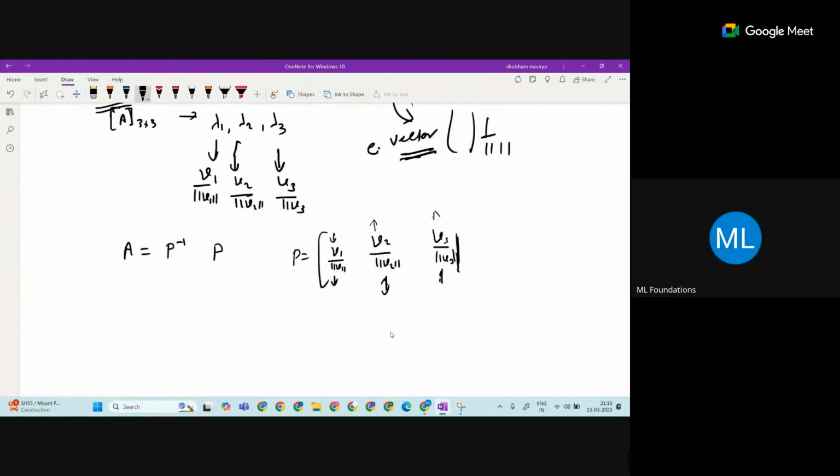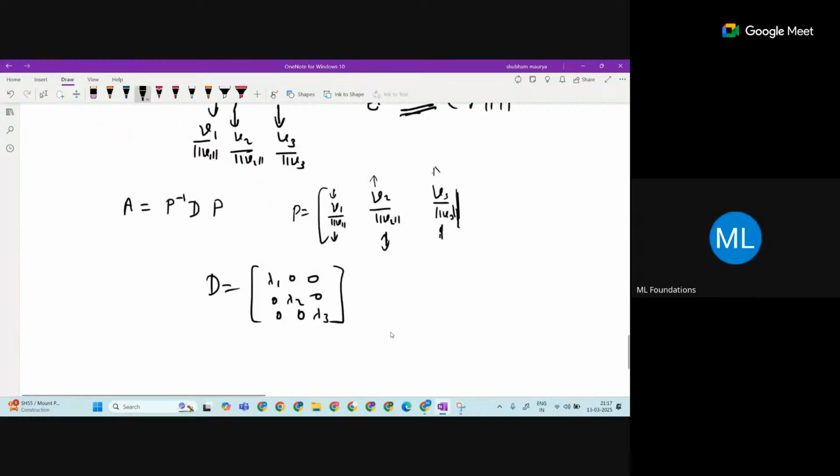And D is going to be your diagonal matrix of eigenvalues.